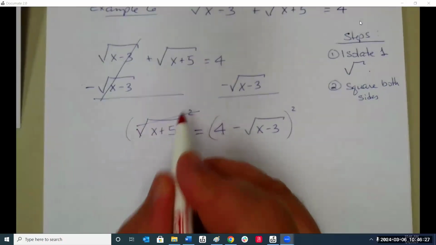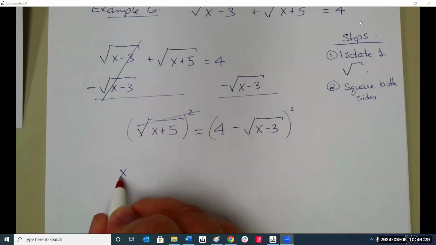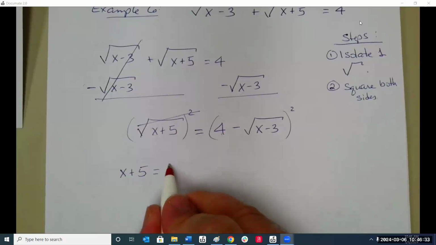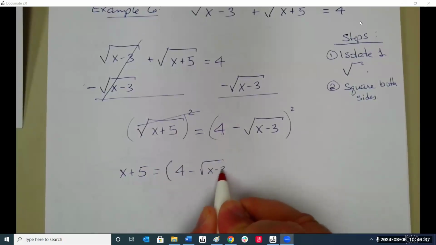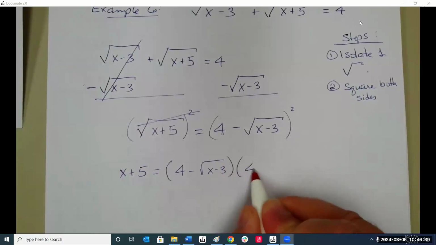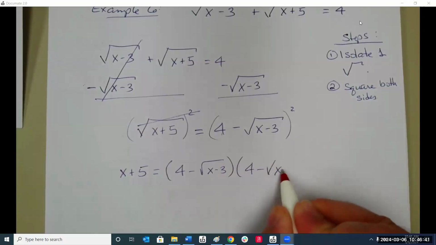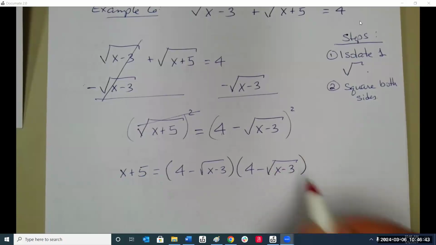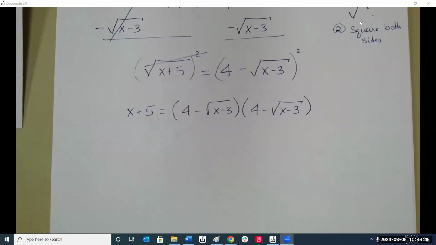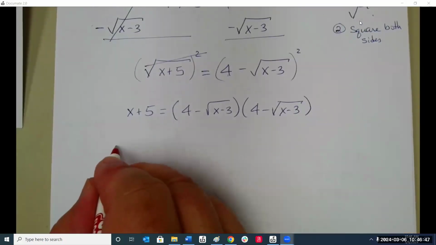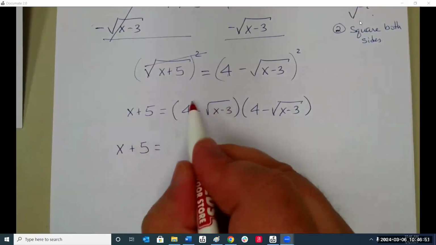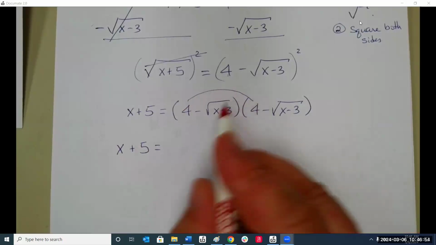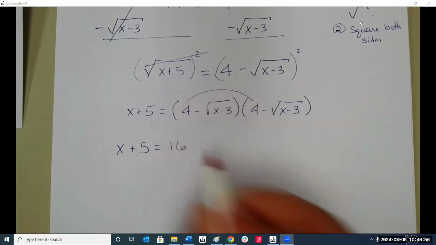So on the left side, the radical disappears. On the right side, we have 4 minus radical x minus 3 times 4 minus radical x minus 3. So we have to FOIL this. 4 times 4 is 16.